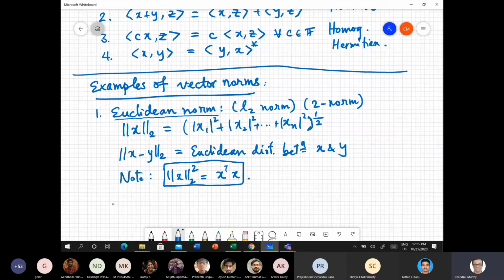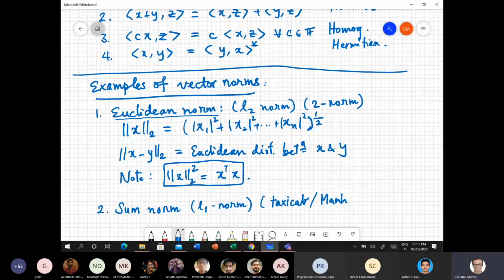The second norm I want to discuss is the L1 norm, or the sum norm. This is also known as the taxicab norm, or the Manhattan norm. The Manhattan area of New York is famous for having streets divided into perfectly rectangular grids.